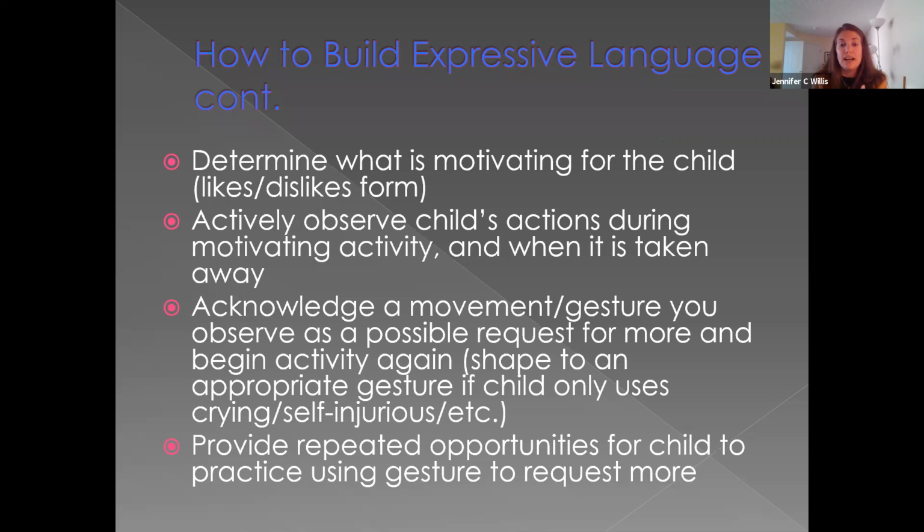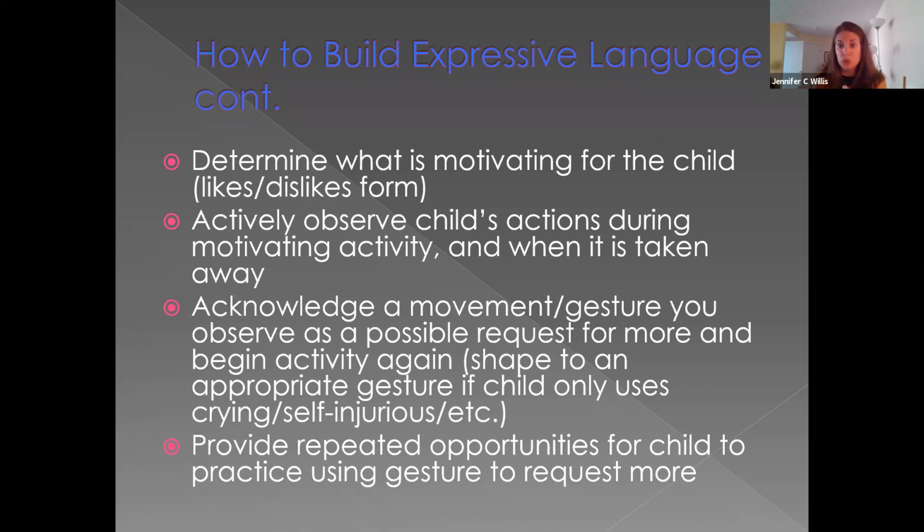And then we want to actively observe the child's actions during a motivating activity. For our most complex kids that are not giving us a lot of expressive communication, ways that we can start building on some expressive communication is to do things that we know the child likes. Maybe that's swinging, maybe that's bouncing on a ball, maybe that's playing with a toy that vibrates, whatever it is.